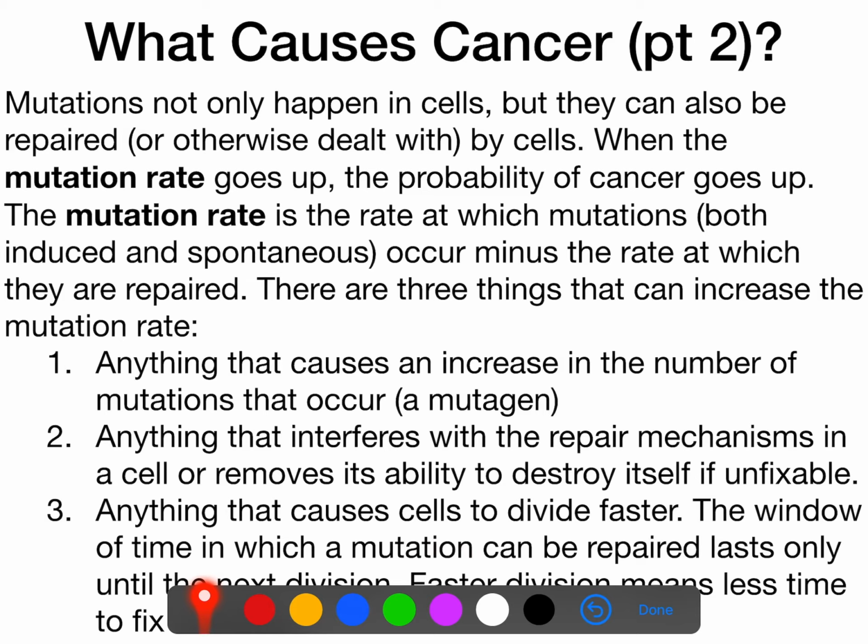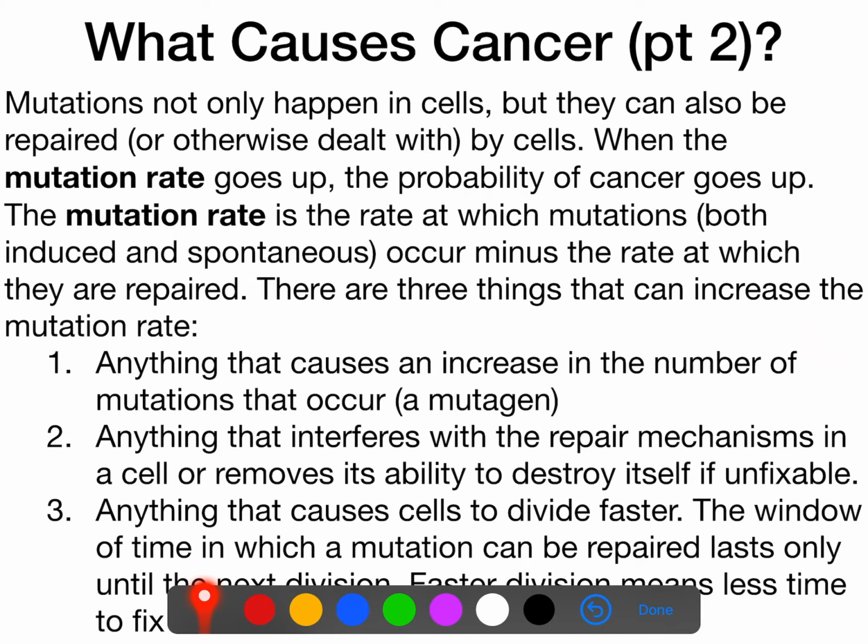So, for instance, X-rays, right? X-rays are a mutagen. They're going to cause an increase in the number of mutations. That'll increase the mutation rate. That's a carcinogen. Nicotine interferes with repair mechanisms.